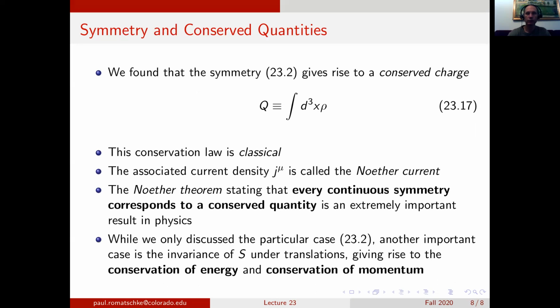Just to remind you, one of the applications of this Noether theorem is that we can look at any symmetry that we have for S, for instance, Lorentz symmetry, or just symmetry under translations, which just shift space or we shift time. And any one of these symmetries has to give rise to a conserved quantity. In particular, the symmetry under translations, both in time and in space, must give rise to the conservation of a quantity that we call energy and another quantity that we call momentum.